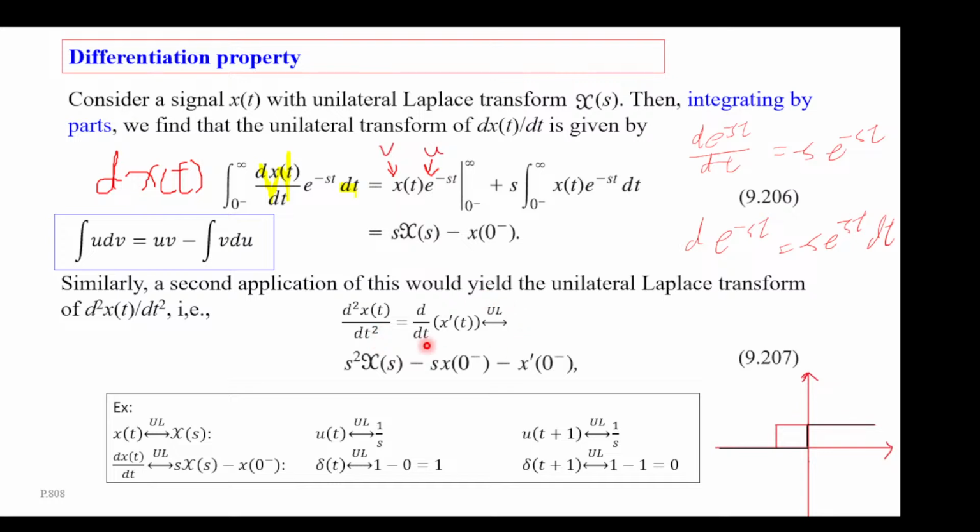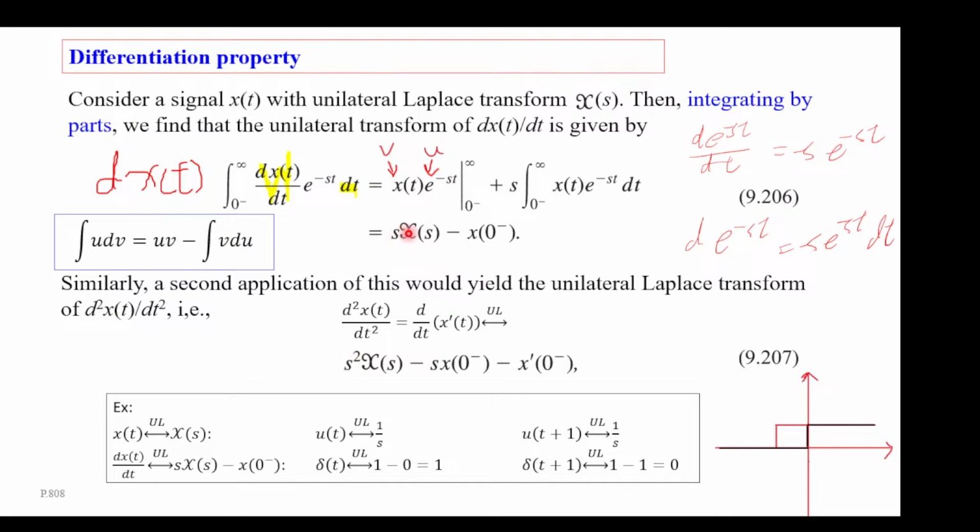You apply this formula, and you have s times the transform for dx/dt. That's d/dt of x prime of t, and you know x prime of t is already transformed to this thing, so you have s multiplied by this thing.